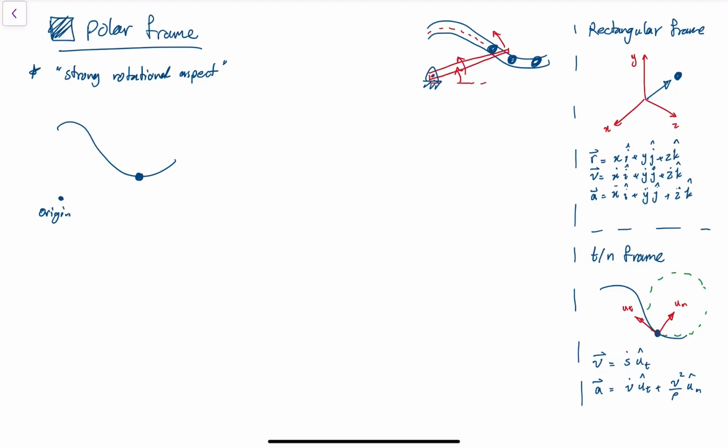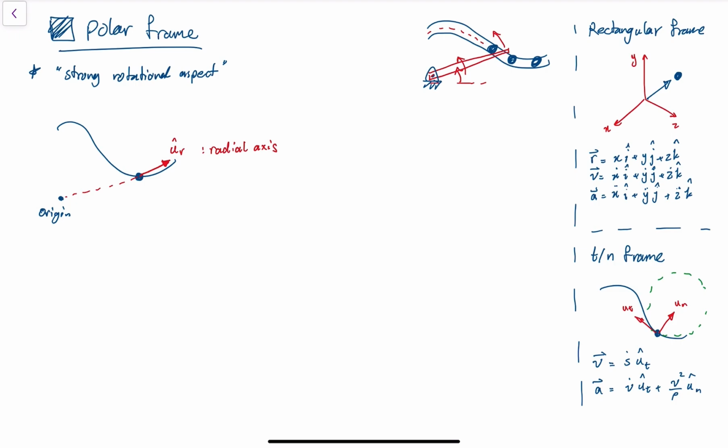So origin, we define it as a good point that things are rotating about. When we have that, we have already made significant progress. We can now go ahead and define our first axis, call it u_r. This is the radial axis, and it is in the direction that points from the origin to the location of the particle.